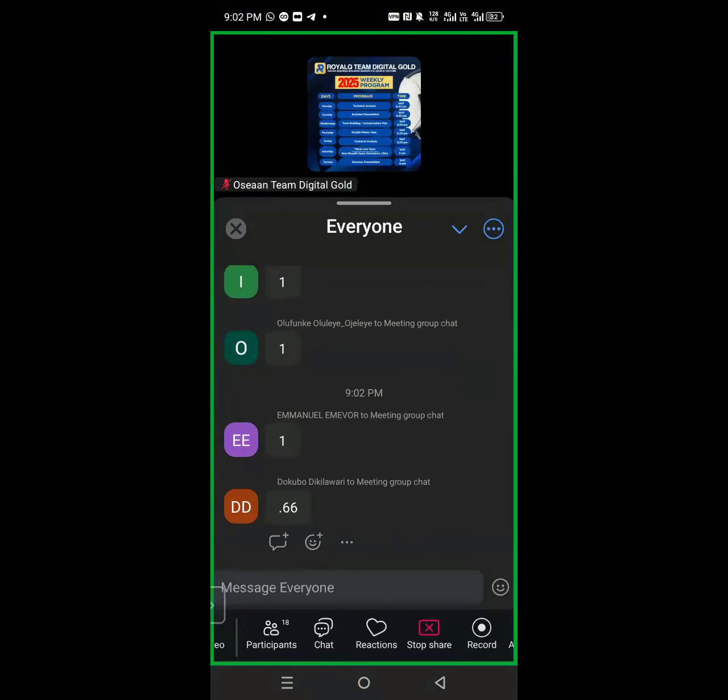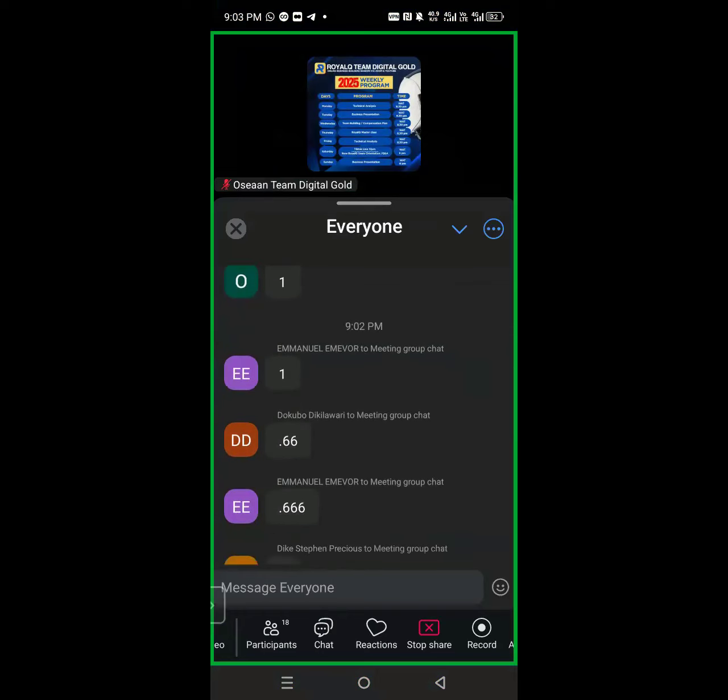Someone says 0.66. Is it correct? Do we have another answer? Okay, so 0.66, it's correct.